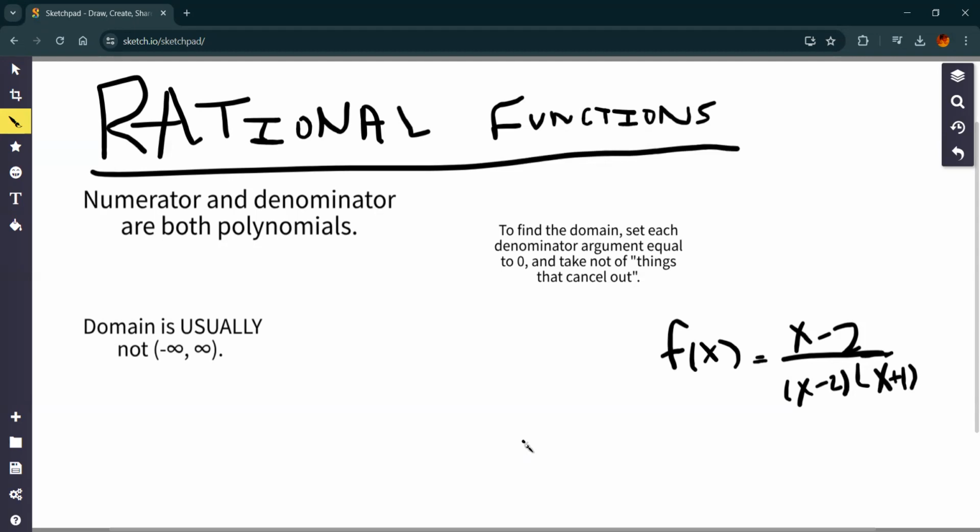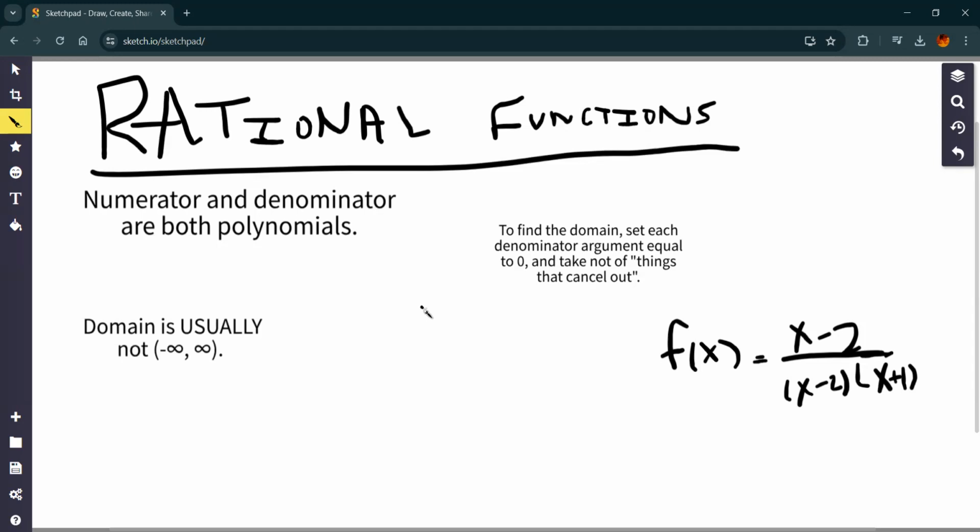And I already said that if the denominator happened to be x squared plus 1, then actually the domain could potentially be all real numbers, because the way that you can find the domain is you have to set each argument equal to 0, meaning each part of it pretty much. So you can find out what things would make the denominator 0.